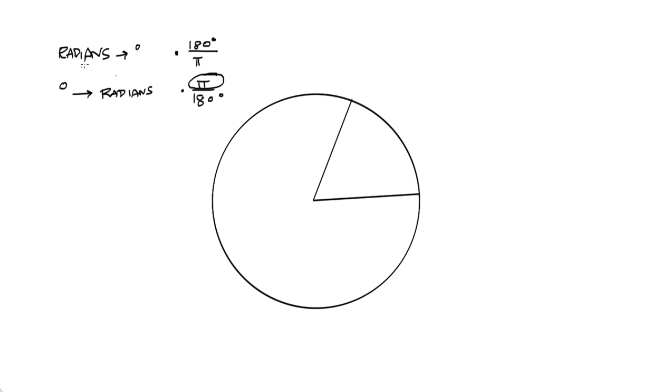But if I have an angle measurement in radians, which typically has pi in it, and I want that pi to disappear, if it can, to give me a degree measurement, because most degree measurements don't have pi in them, I want the pi in the bottom so that it will cancel out with the pi in the radians. Make sense? I hope so.